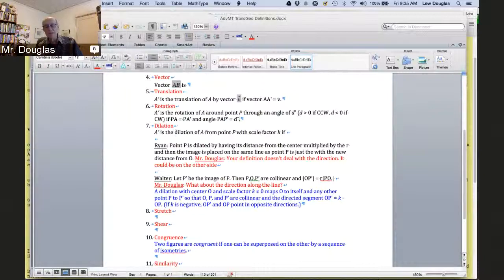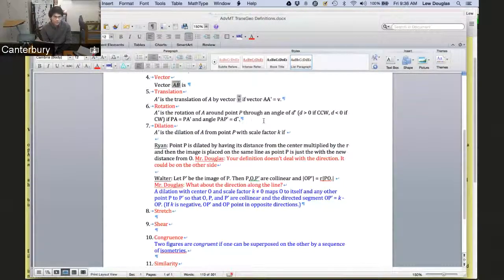Another way to do it is if it doesn't have anything, it means the geometric object, and then you need to use absolute value symbols to mean the distance. Right, Walter, which is the way you did it? Yeah. So, which do you want? The second, because it's hard to put bars on top of objects in Word.